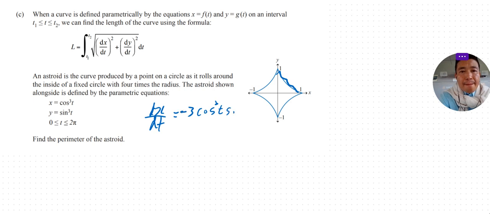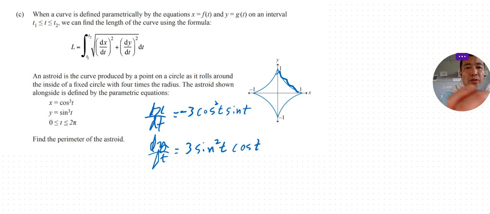Negative sine t. So that's dx/dt. Carry on, dy/dt. Same as dx/dt: 3 sine squared t, then sine t becomes cosine t.